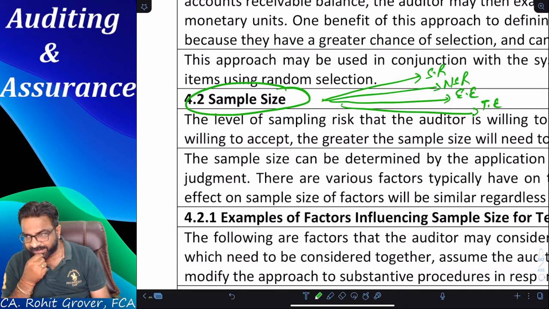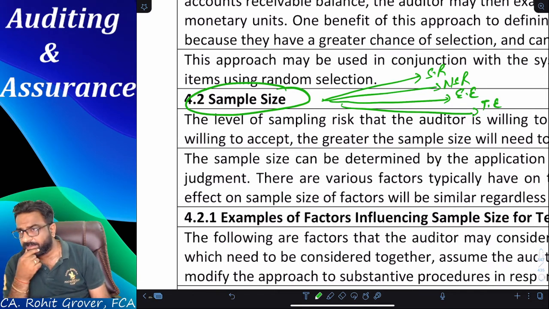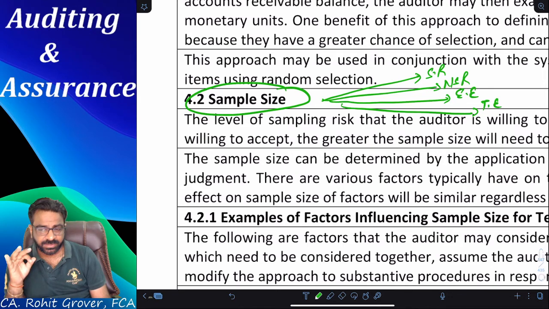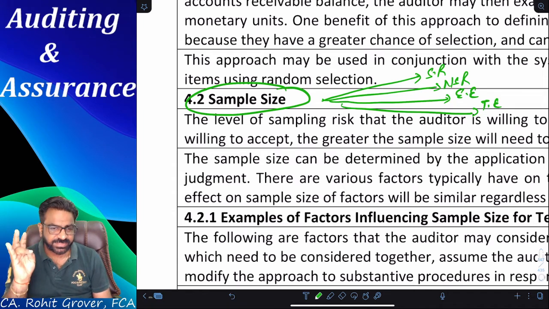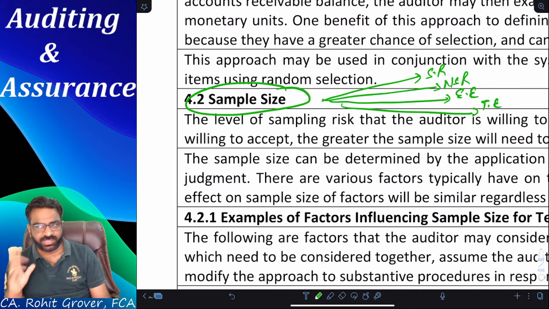When the auditor makes a poor judgment in selecting his PET. Everyone, what is PET? Procedures, evidences, and techniques. Instead of going for external evidence, he went for internal. Instead of going for inspection, he went for observation.